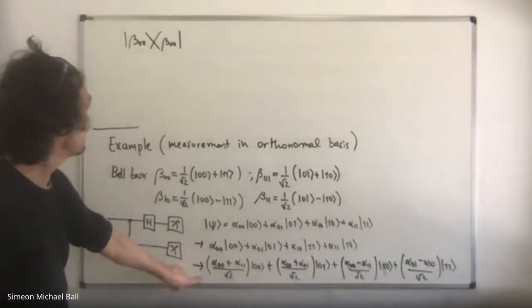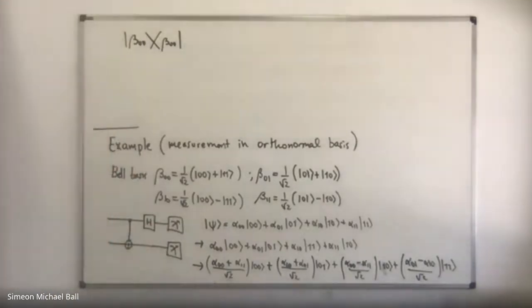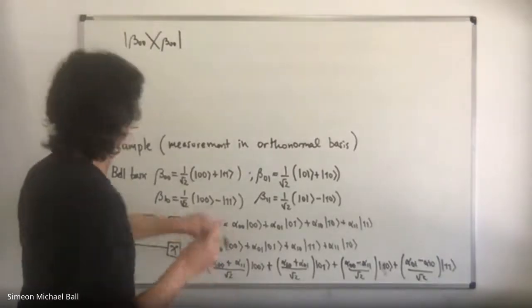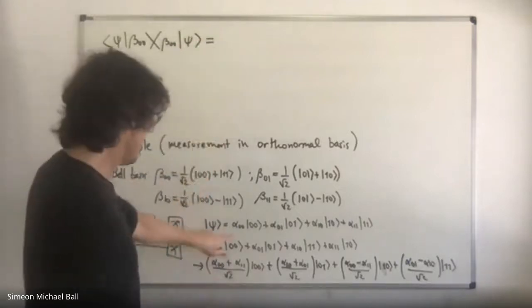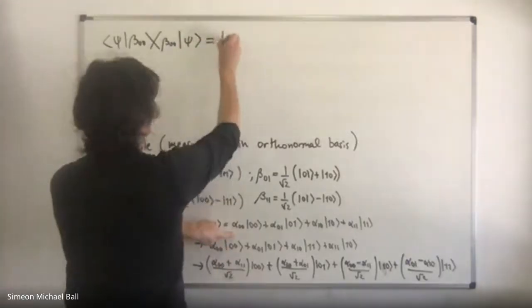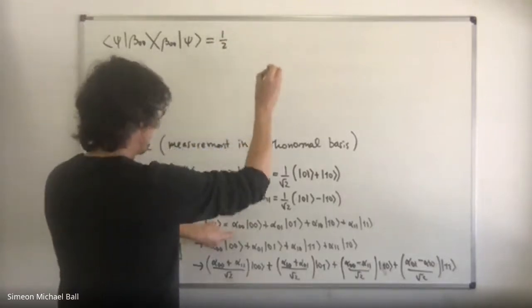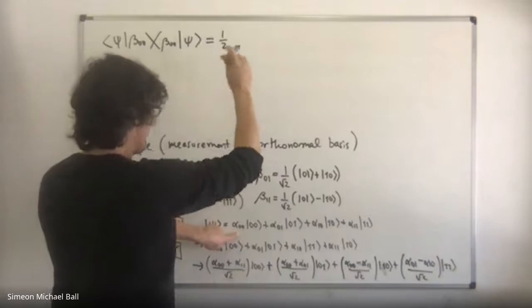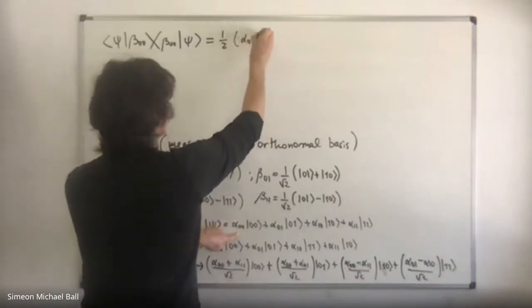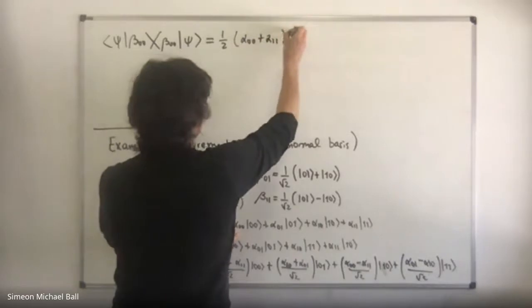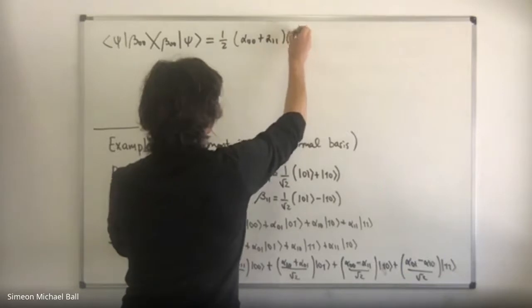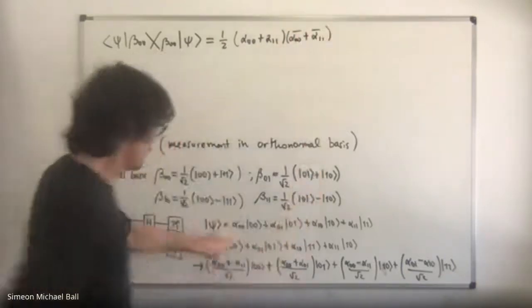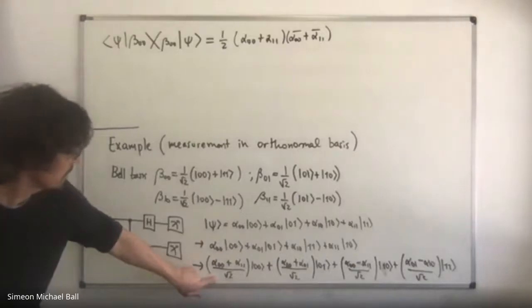And if we apply it to psi, if we now apply this to psi here, then we get 1/2 of alpha 0,0 plus alpha 1,1, and its conjugate, right? Yeah. So how do we do that with the... And of course, if we measure the computational basis, we measure 0,0, we get the same thing.